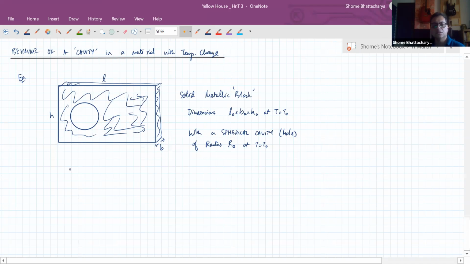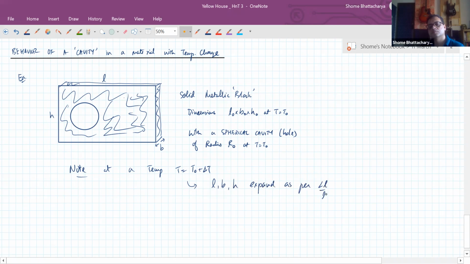So what will happen here is that at a temperature T naught plus delta T, where alpha is the coefficient of linear expansion of the metal.